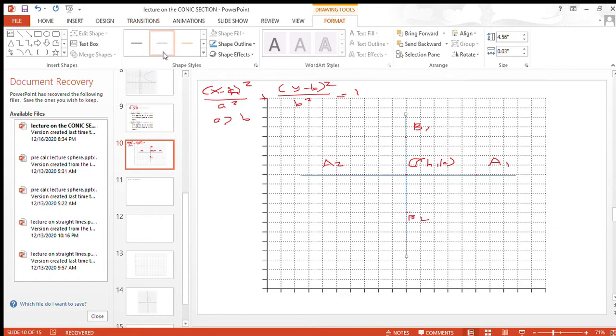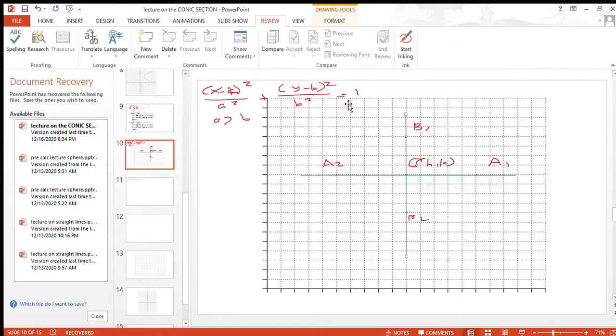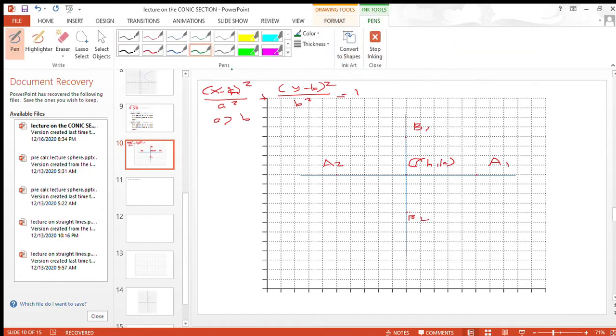A1A2 is longer than B1B2. That's why it's called the major axis. Also we need to remember here that center to A1 is a, center to A2 is a, center to B1 is b, and center to B2 is also b.